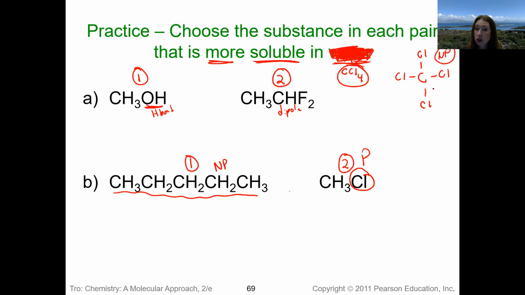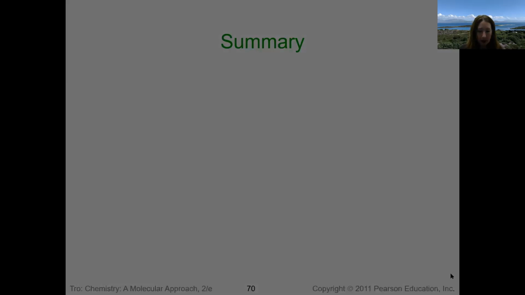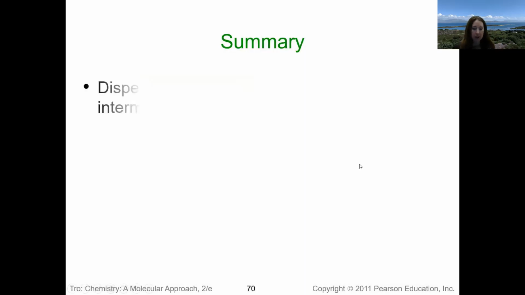No lone pairs, all the same elements, nonpolar. So in that case, the one that's less polar would be more soluble. The one that's non-polar would be more soluble, right? Like dissolves like. Polar dissolves polar, non-polar dissolves non-polar. Miscible, that means mixable. Immiscible, not mixable.